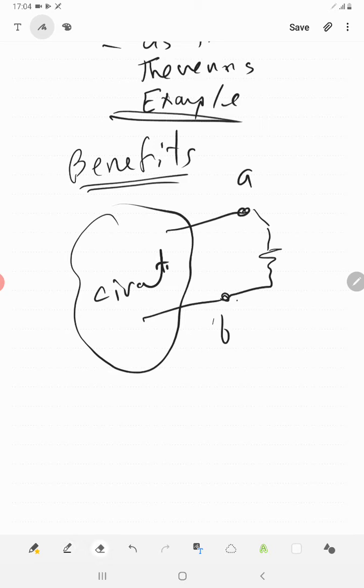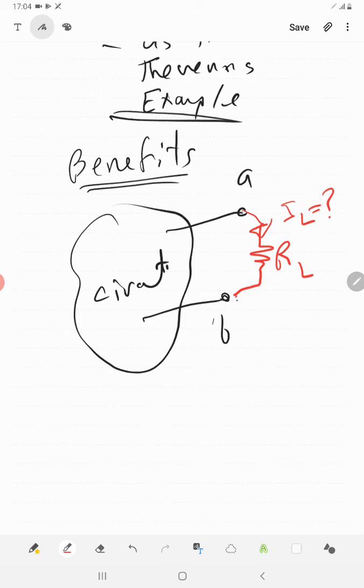Let's do it that way. If you connect a resistance here, and usually we say this R load, and we want to determine what is I load, okay. I load is equal what?